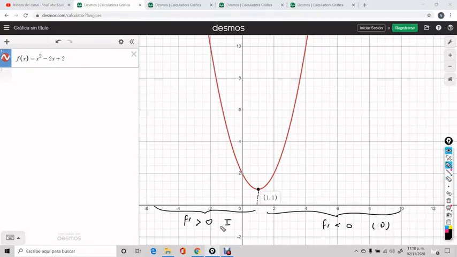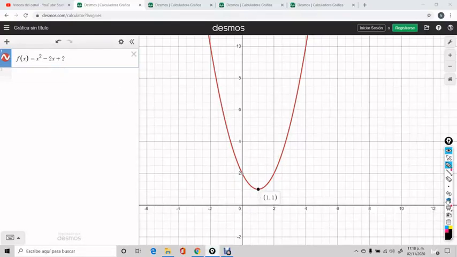You see, so that's how it works. And you don't need the graph for doing this type of analysis. Okay, let's do another one.